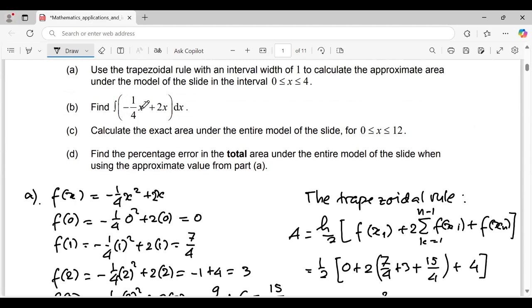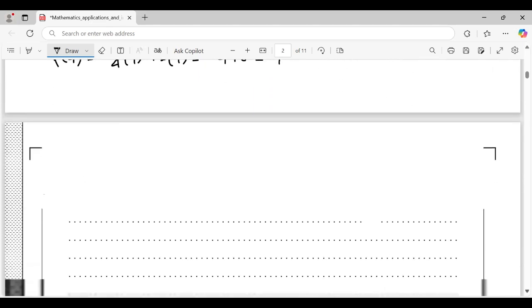Part B, find this integral. The integral of -1/4 x squared plus 2x dx. This is an indefinite integral.